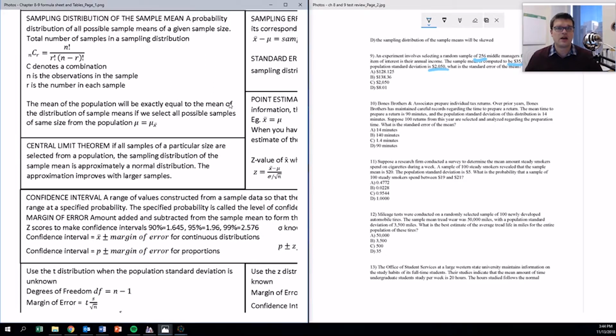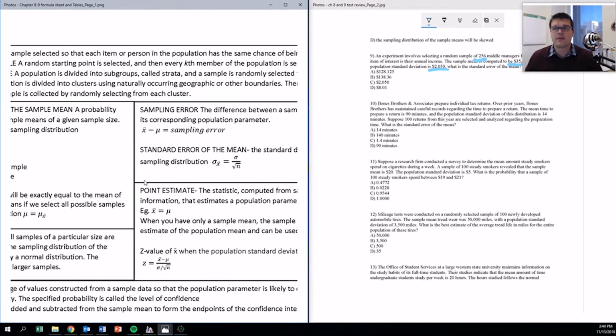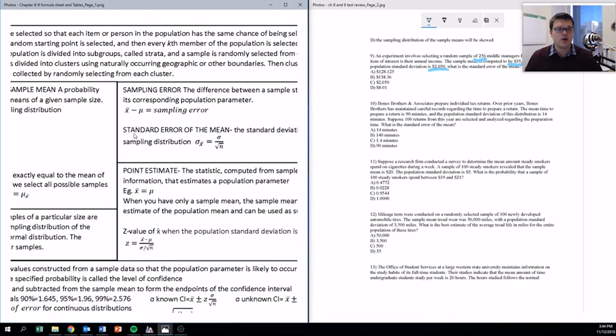So let's look at this sampling. What is the standard error? We find the standard error of the mean. This symbol right here means standard error of the mean. And so we've got the standard deviation over the square root of n. So 2050 divided by the square root of 256. Let's pull up the calculator.